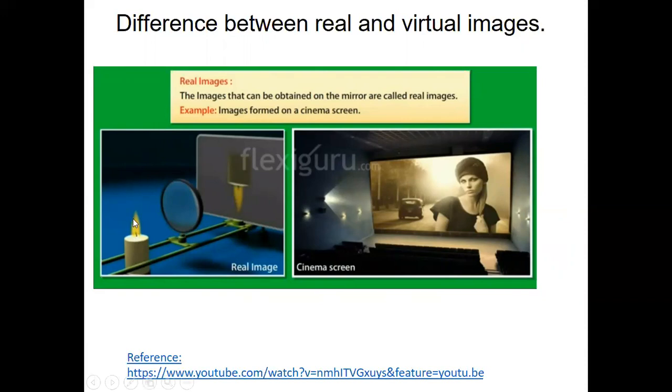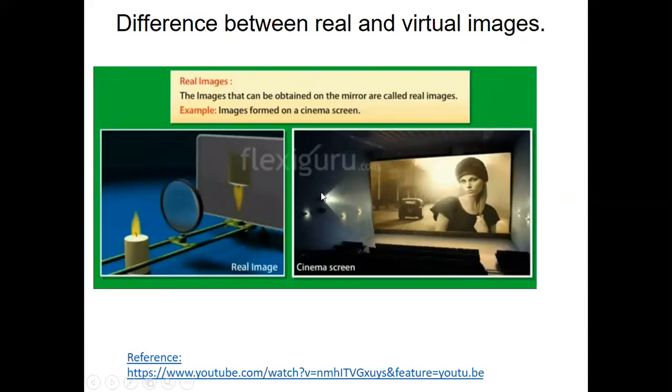Here's the candle, and we have a lens here, and we can focus that image onto a screen. So here's the screen, and you can see the image on the screen, and it's made out of real light. The real light rays travel through the lens and are collected on the screen, creating the real image.